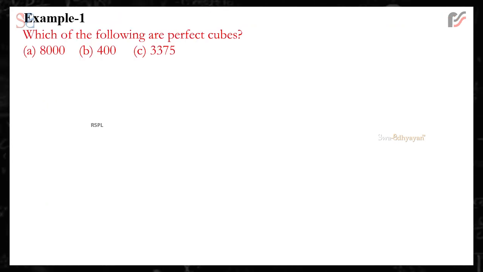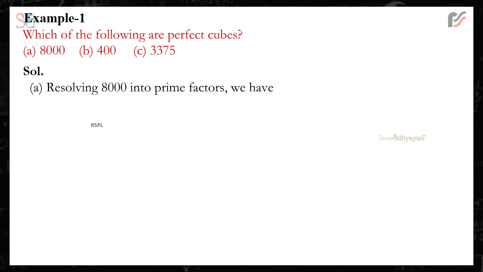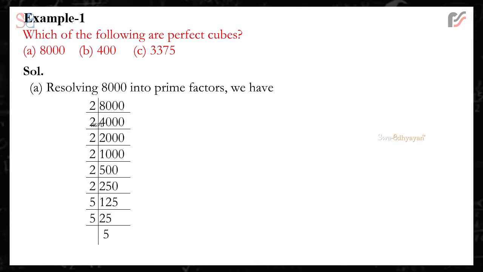Example 1. Which of the following are perfect cubes? A. 8000, B. 400, C. 3375. Solution. A. Resolving 8000 into prime factors, we have: on dividing 8000 by 2, we get 4000. On dividing 4000 by 2, we get 2000.